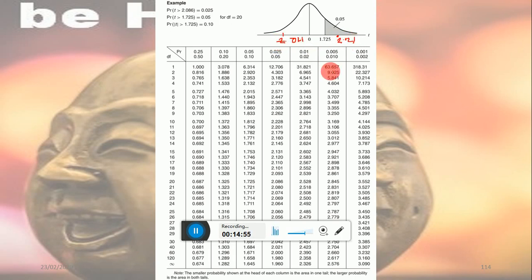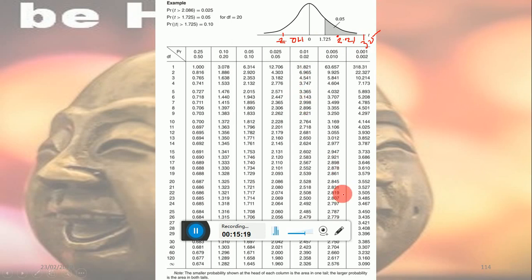This one has a negative because it's the negative side. I forget about this one. And the number we calculated is 3.5 something. Okay, what you see is that 3.5 something is far into the shaded region, which means it's far bigger than the critical t.